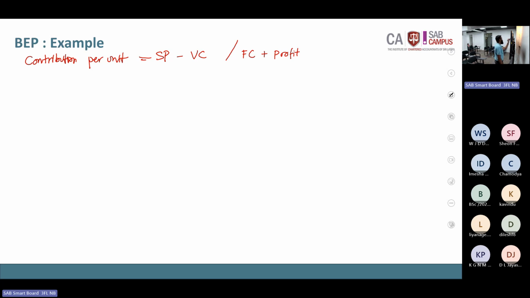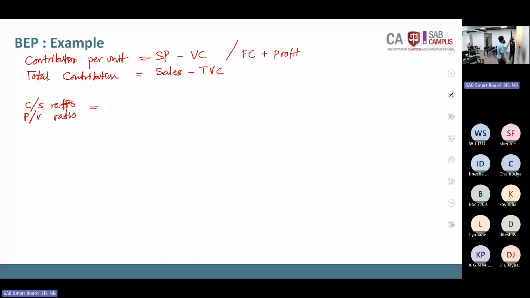Then the total contribution is sales minus total variable cost. Then the CS ratio, or we can call it the PV ratio, profit volume ratio, or the contribution to sales ratio.